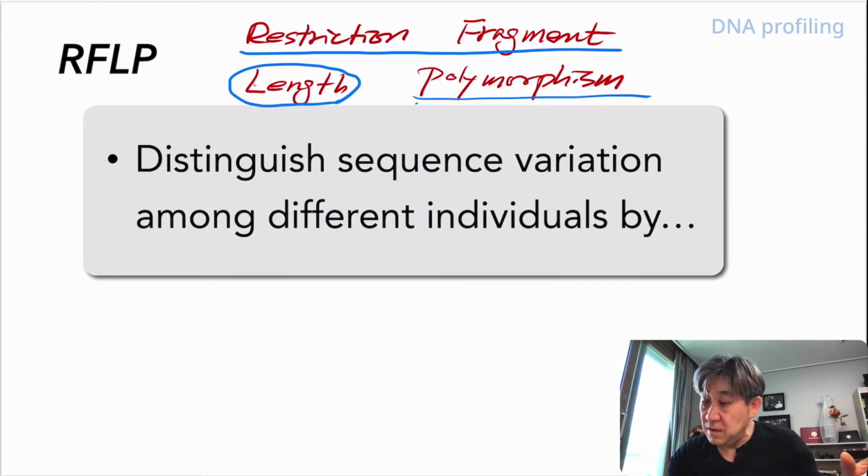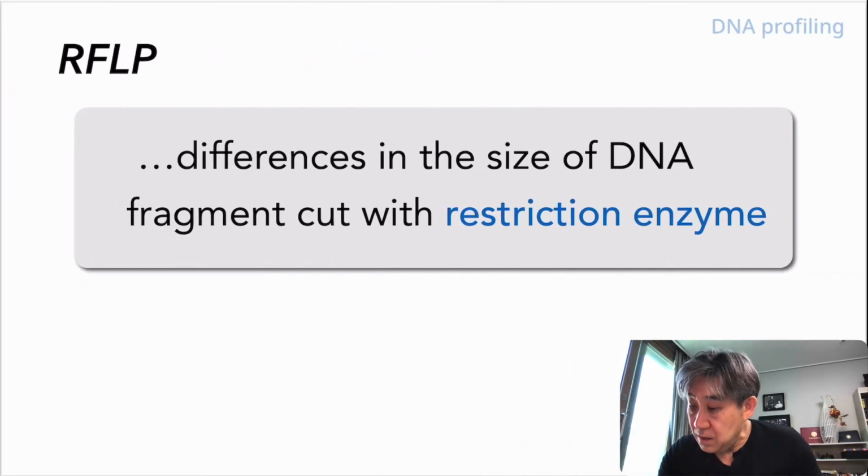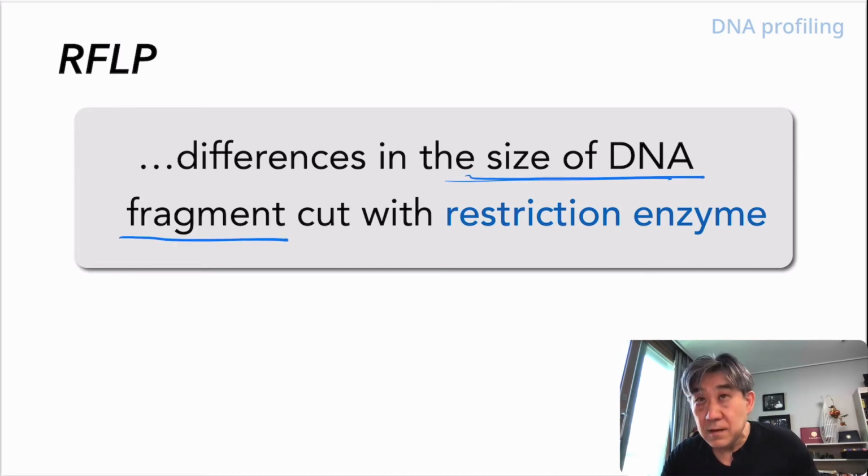Another, more official way of explaining it: RFLP can distinguish the DNA sequence variation generated as a result of mutation among different individuals. How? By the differences in the sizes of DNA fragments. And what DNA fragment? Cut with this.